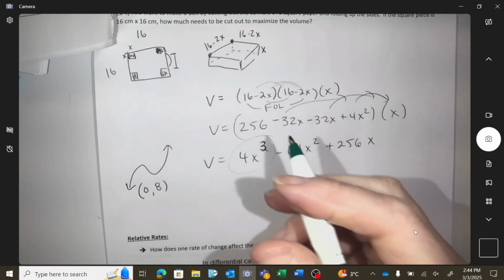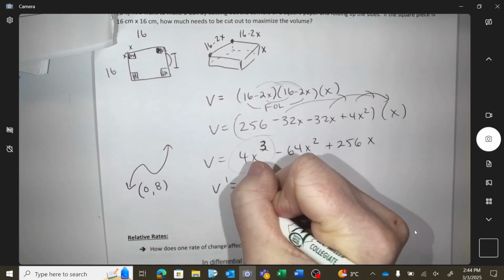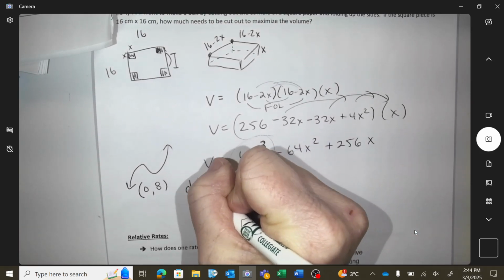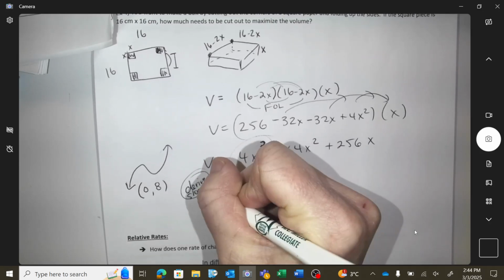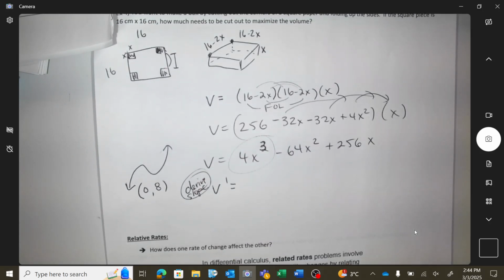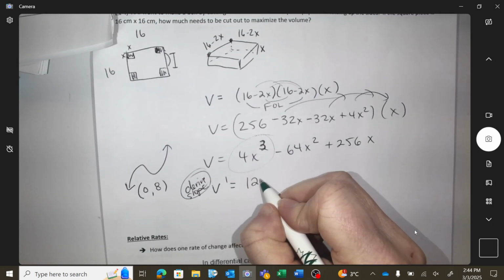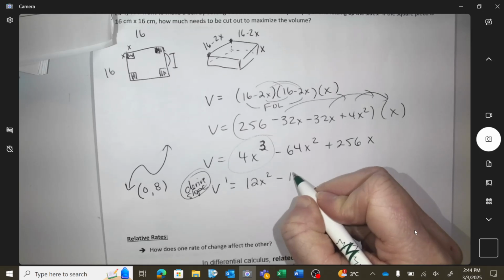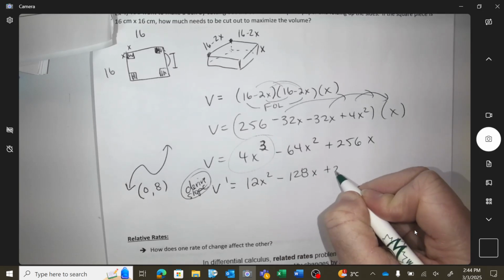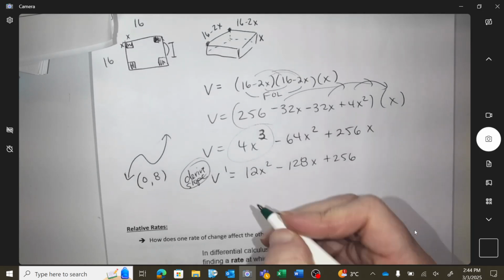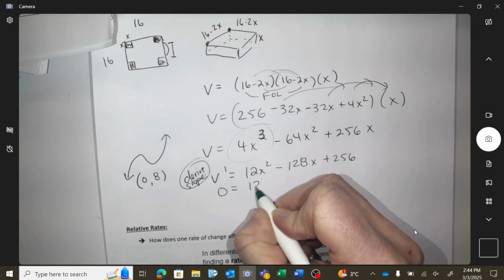Okay, so what are we going to do here? We are going to, obviously, derive slope stuff, right? Derive it to get a slope. So 12x squared minus 128x plus 256 equals 0.